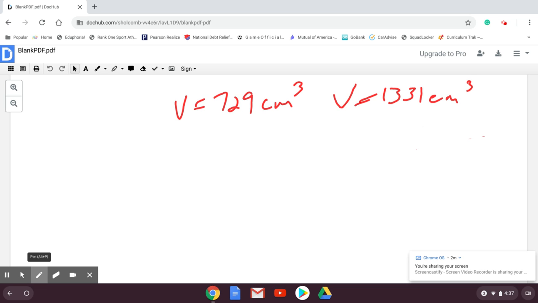Okay, so we know these are similar, which means a ratio of A to B. The problem is they don't give us the ratio of A to B. What they give me is A squared over B squared, A cubed over B cubed, because they gave me volume. And so let's just put 729 over 1331.